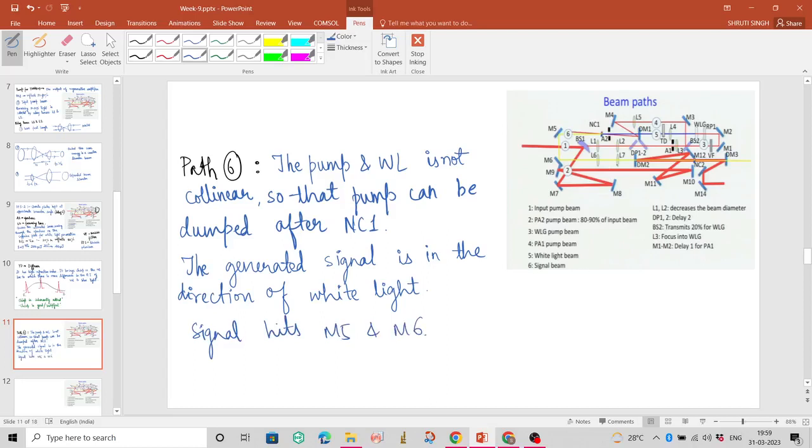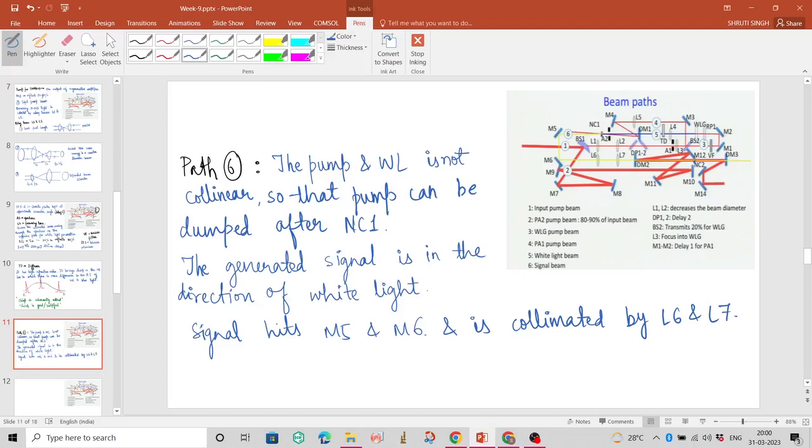And then again we have relay lenses L6 and L7 to collimate the signal, and it is collimated and then focused on a dichroic mirror, DM2.